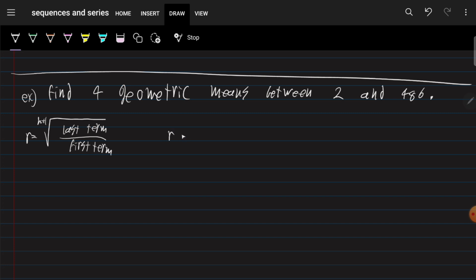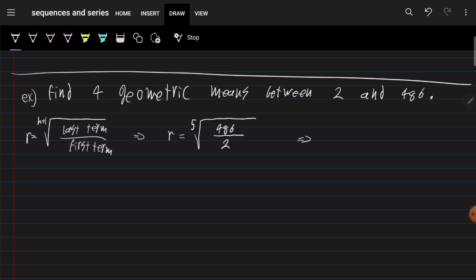Now let's plug in the numbers. Our n here, remember n was the number of geometric means we wanted to find, and that's 4. So we'll do 4 plus 1, or 5. The last number here is 486, and the first number is 2.